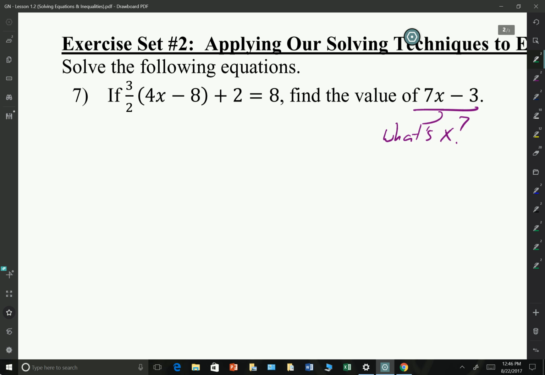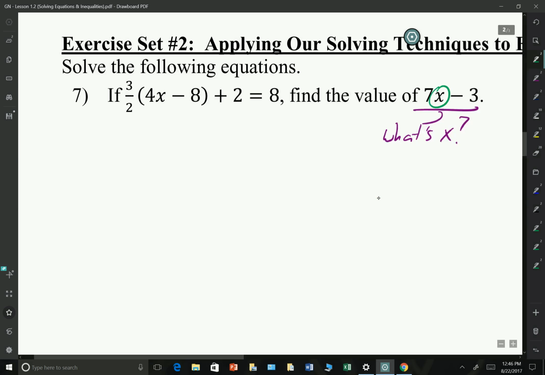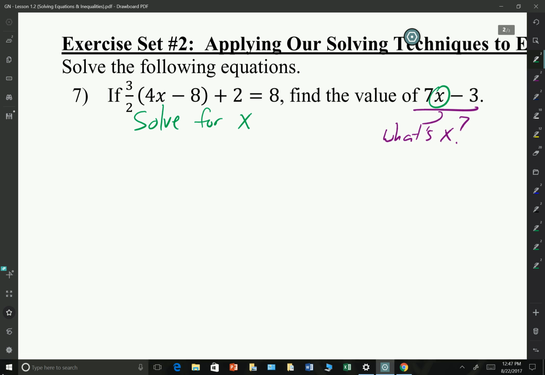Mia, what do I do? If I want to know what x is, where do I find it? Well, probably in the first equation where you have what it equals. Solve for x. If that's true, find x and then plug it into the other expression.